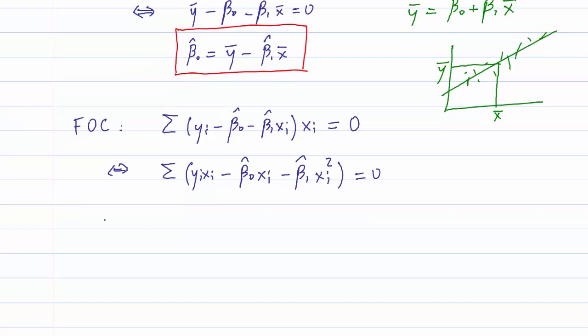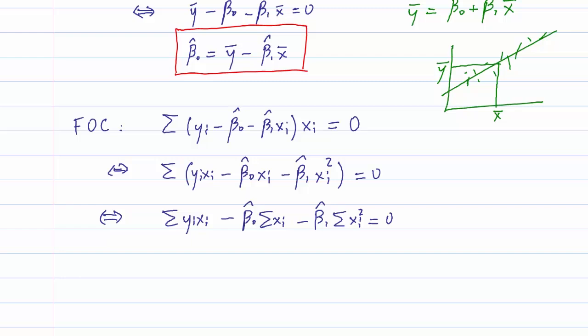Going to break the sum. So we have sum of yi xi minus beta 0 hat sum of xi and minus beta 1 hat sum of xi square equals 0.